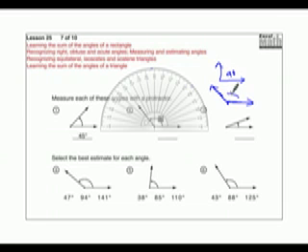Well, it's been opened more than 90 degrees, so the answer has to be larger than 90 degrees. It's not going to be 50, because 50 would be smaller than 90 degrees. It would be more closed. So my answer is going to be 130 degrees because it's more open than a 90-degree angle.